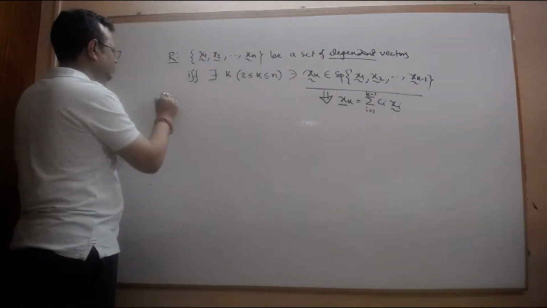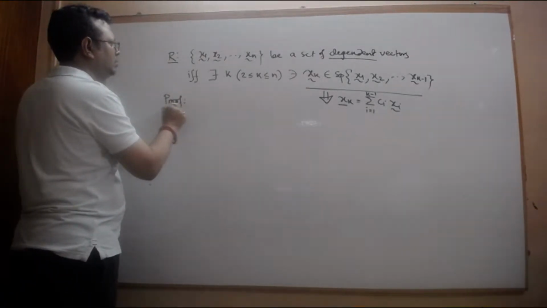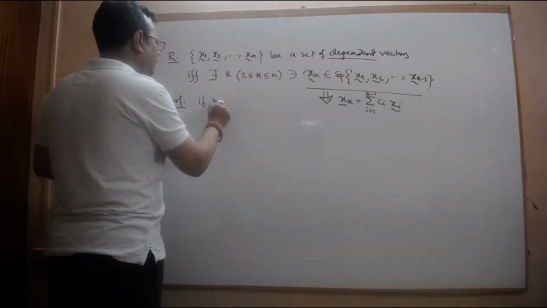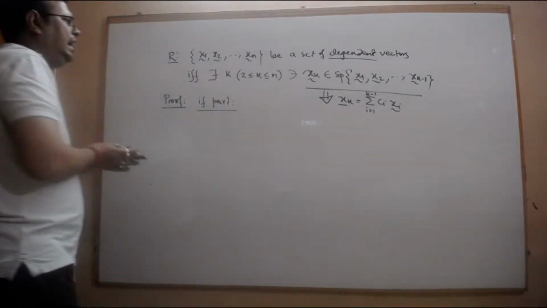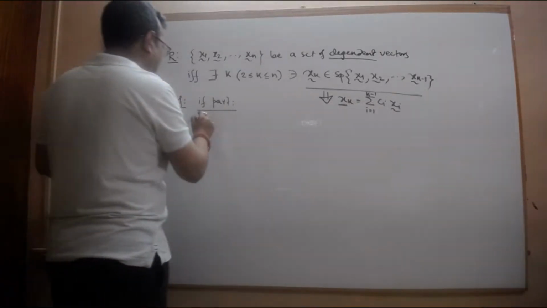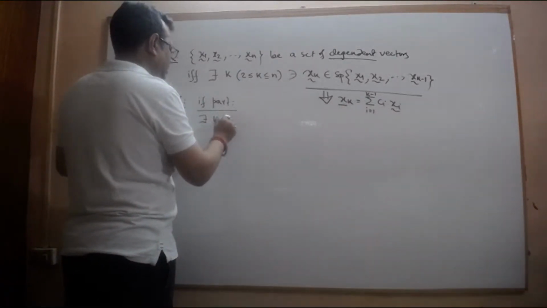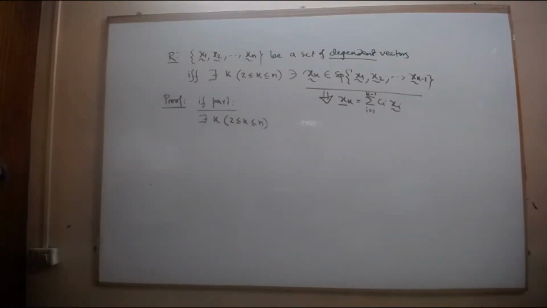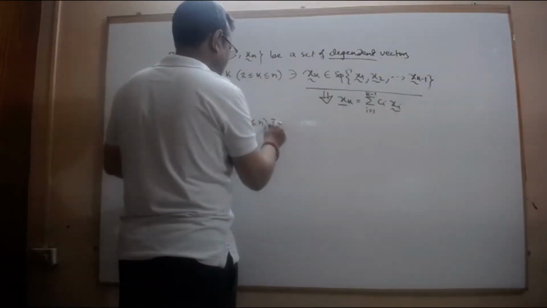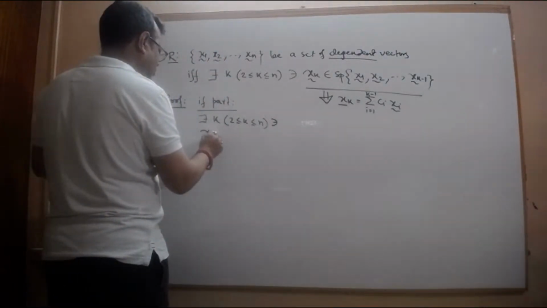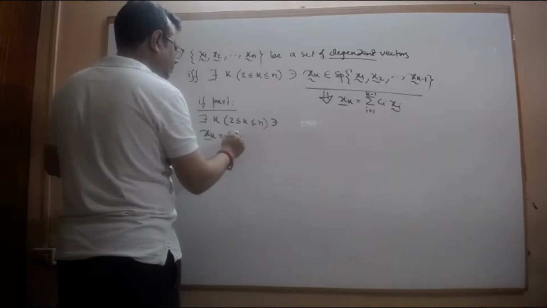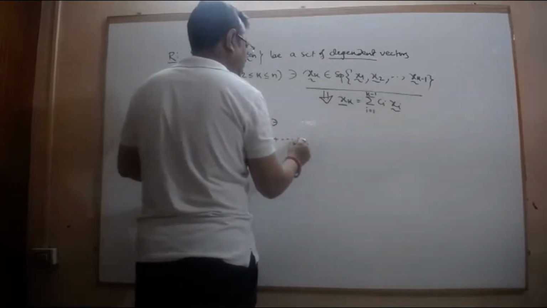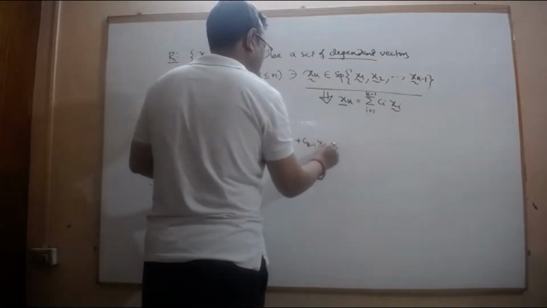Proof. First, the if part. So the if part tells you there exists a k such that xk is written as a linear combination of x1 to xk minus 1.